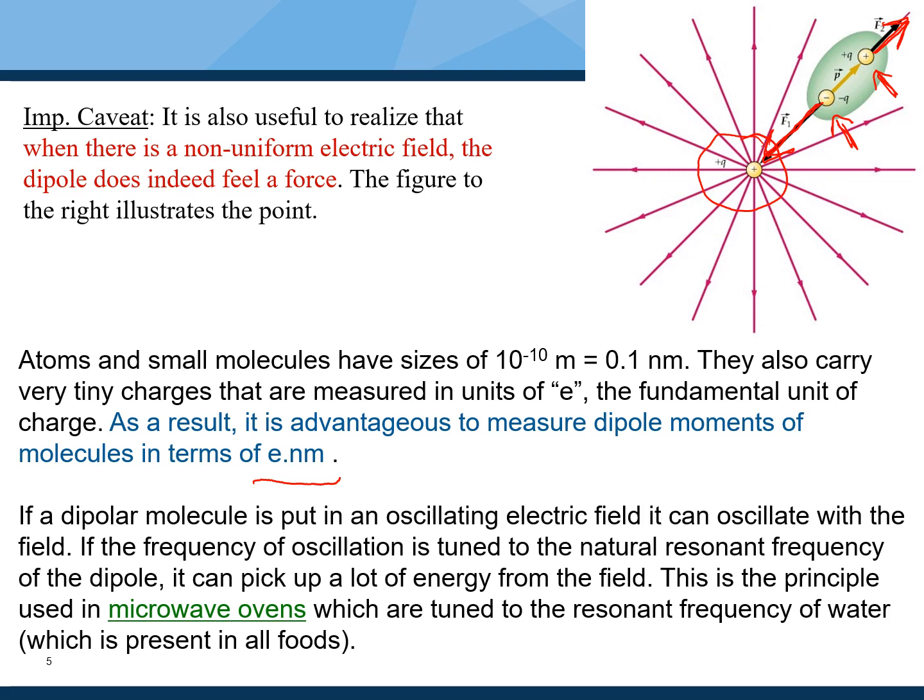In other words, it likes to flip over at a very special frequency, and that frequency corresponds to microwaves that are approximately 12 inches in length. I think it's more like 12 centimeters, but let me go ahead and check up on that.